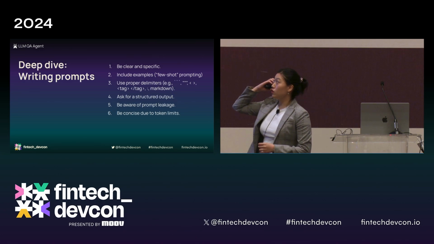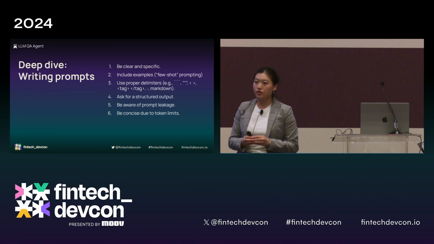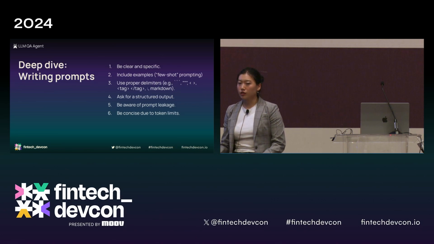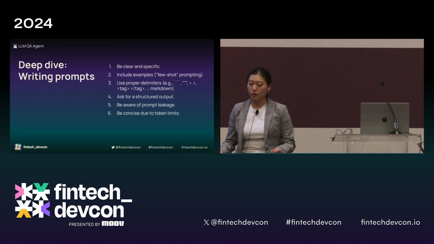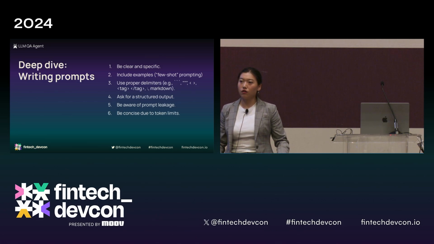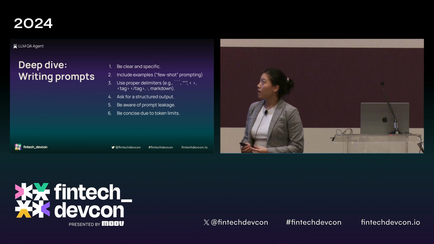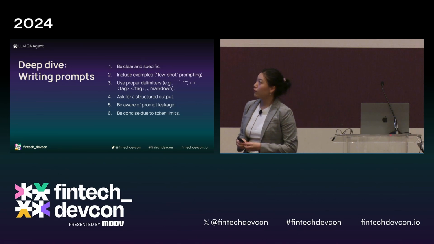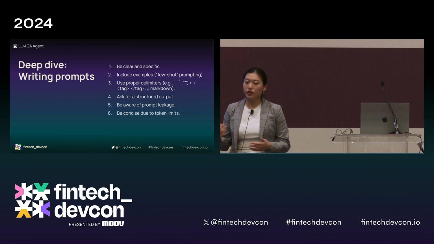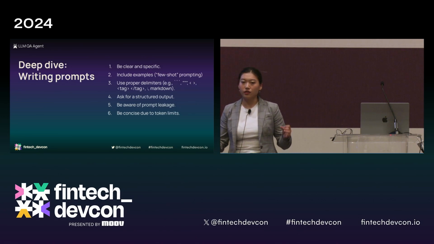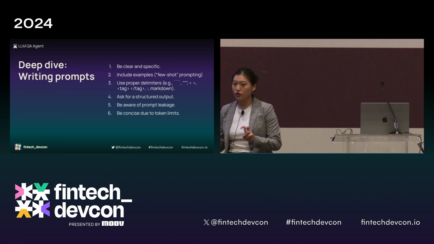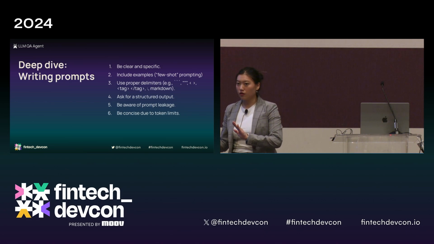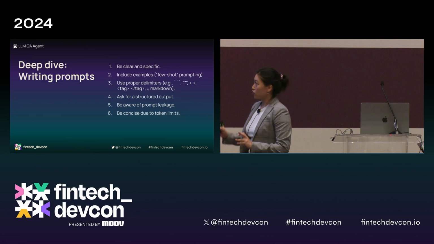For example, when you include some examples in the system prompt, you can use Markdown because GPT can understand it pretty well. It is trained on GitHub. Also, please clearly indicate the distinct part of user input from the other parts of descriptions. Use the delimiters.